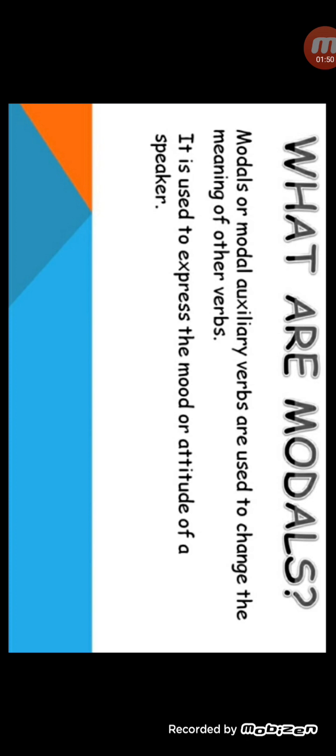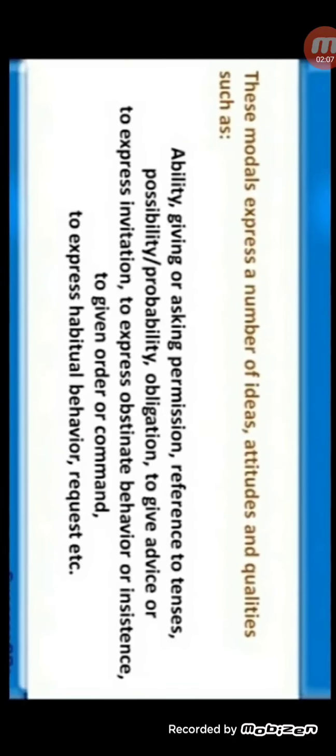Modal auxiliary verbs are used to change the meaning of the other verbs. They are used to express the mood of a person, the attitude of a person, that is a speaker, so that you can recognize the tone, I could say. Now these modal verbs express ideas, attitudes and qualities, right?